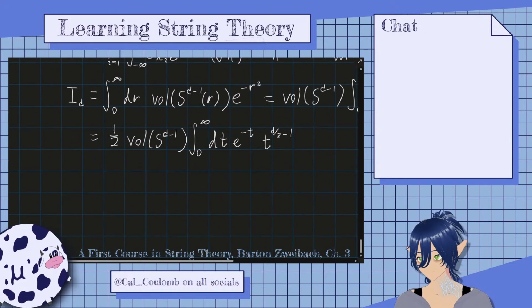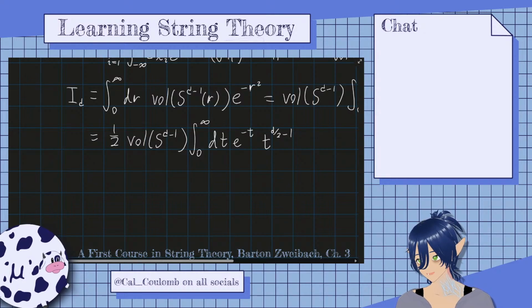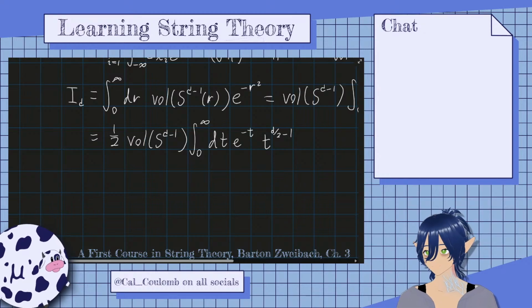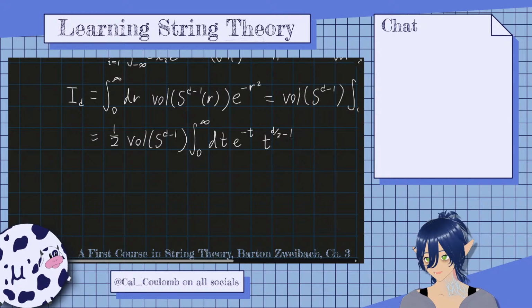Okay. And so they've made use of 3.44 in the final step. We changed the variable of integration from r to t, which is equal to r squared. The last integral on the right-hand side can be expressed in terms of the gamma function, a very useful special function.